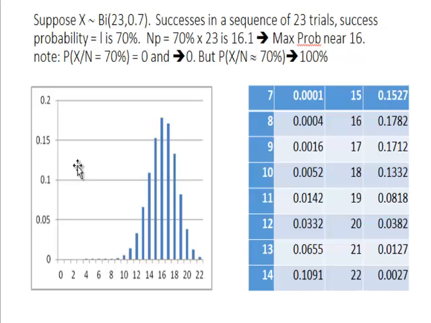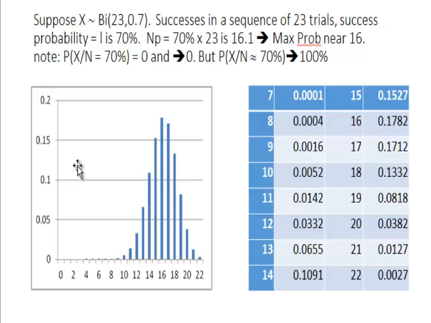The picture and also the table. In the table, the probability of 16 is 17.82%. And the probability of 17 is 17.12%. So these are the two numbers which are the closest to NP, 16.1.